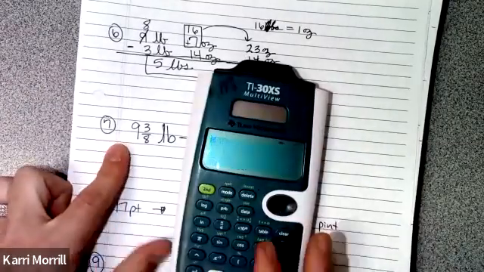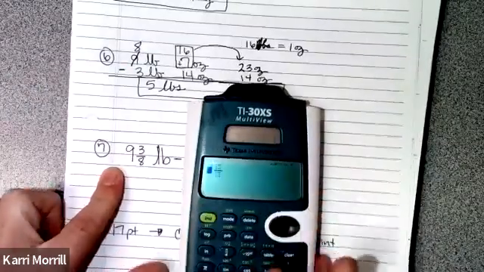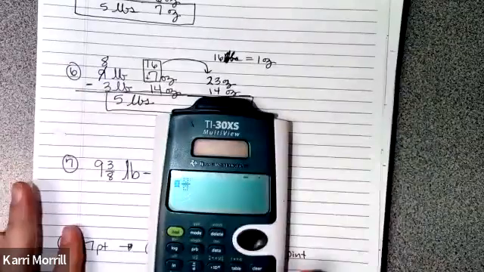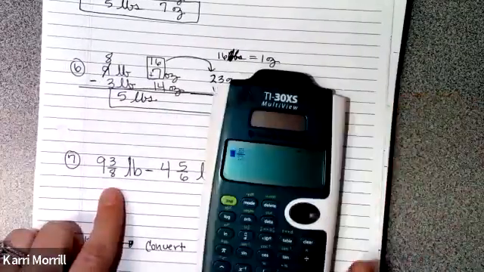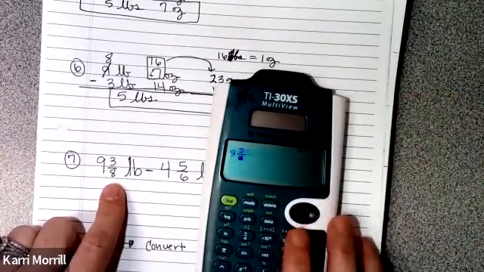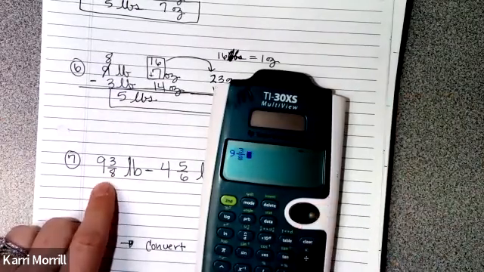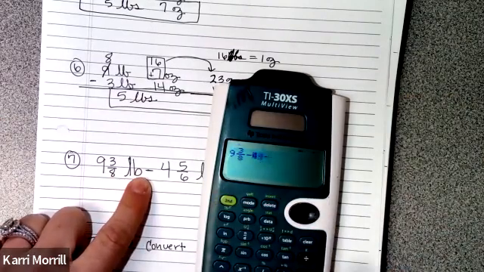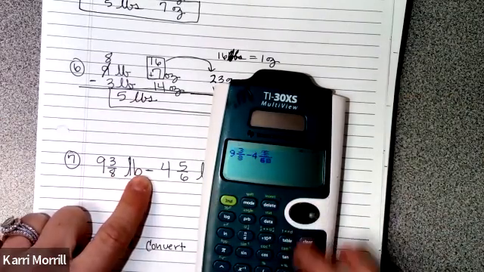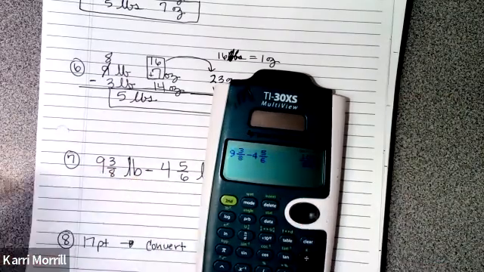I almost didn't write this down, but I just wanted to, as a moment, remind you that you have been doing this since Unit 1. We don't do it a lot. We do it very randomly. But 9 3/8 minus 4 5 over 6. And those are all already pounds.